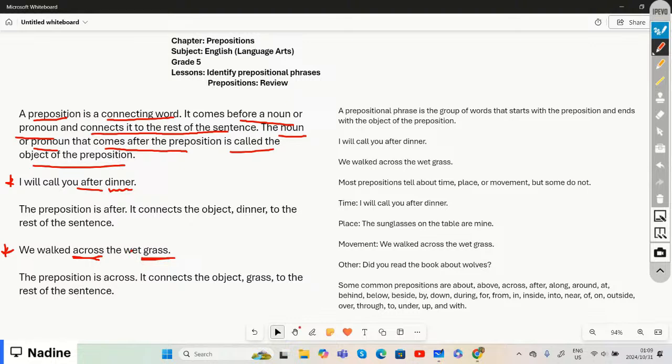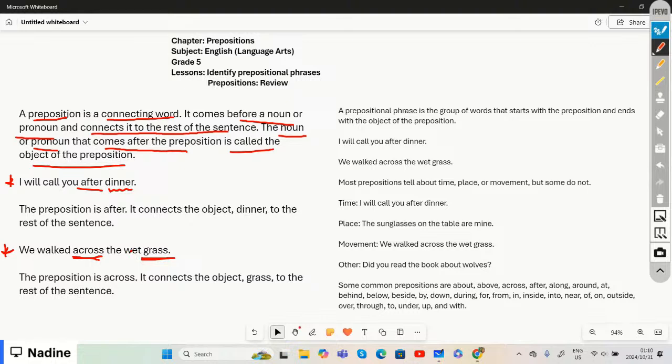All right, so when it comes to prepositional phrases, a prepositional phrase is the group of words that starts with the preposition and ends with the object of preposition.